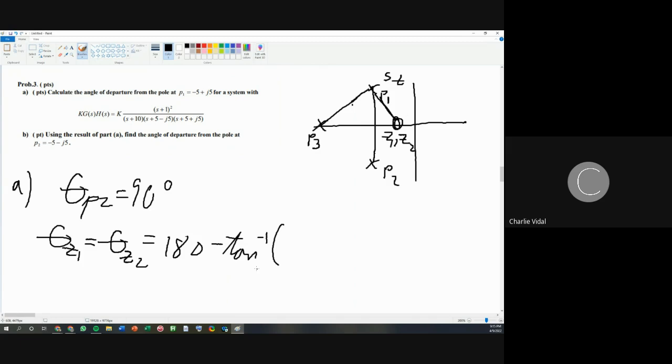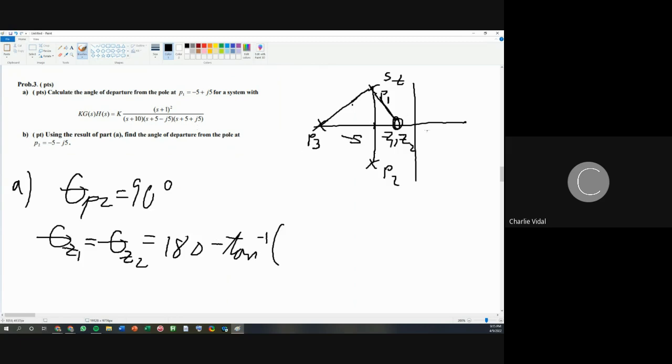So if Z1 and Z2 are at -1, and P1 is at S plus 5 minus j5 and S plus 5 plus j5, then that would mean that this is -5.